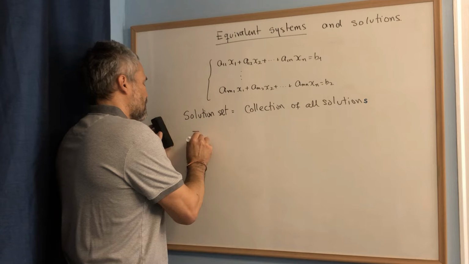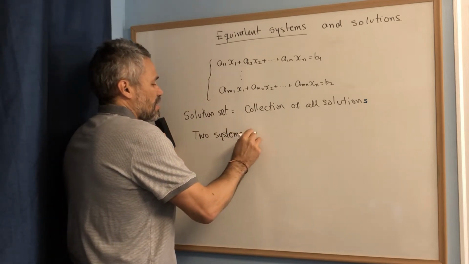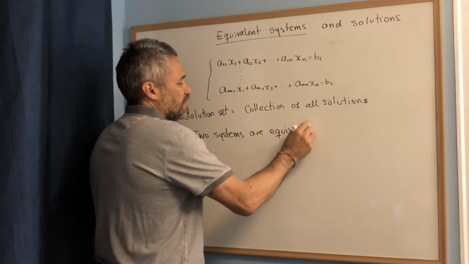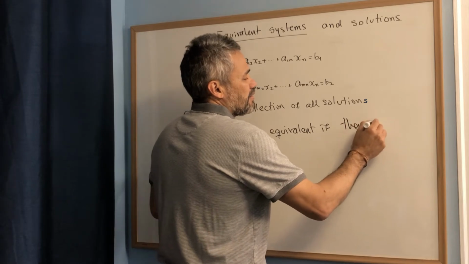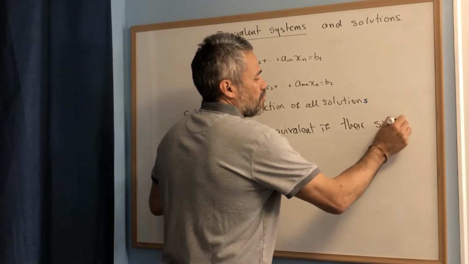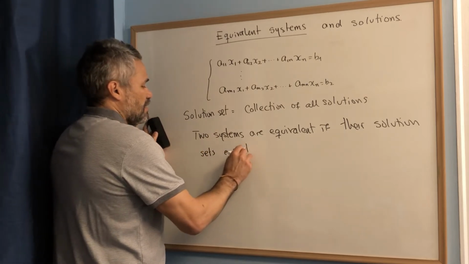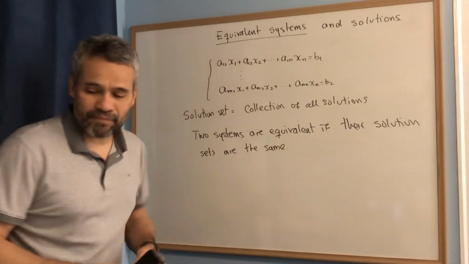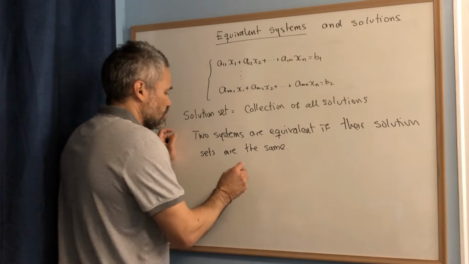Let's say that two systems are equivalent if their solution sets are the same. Let's see some examples.